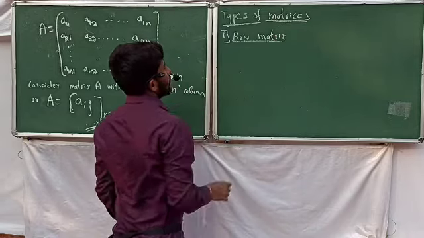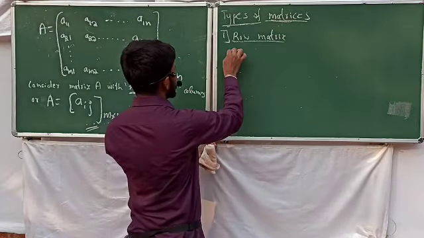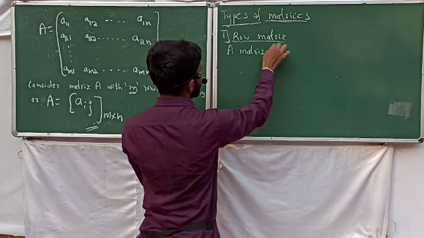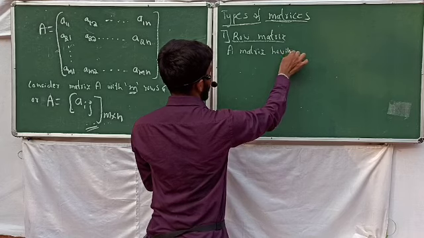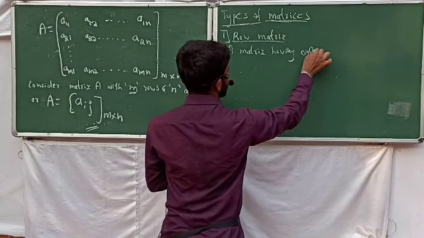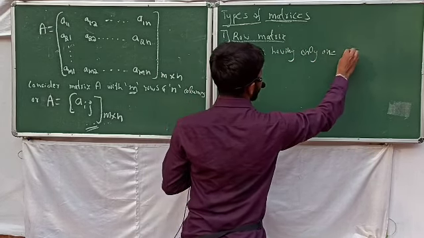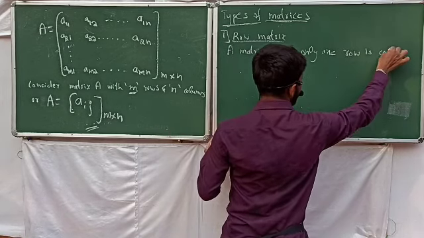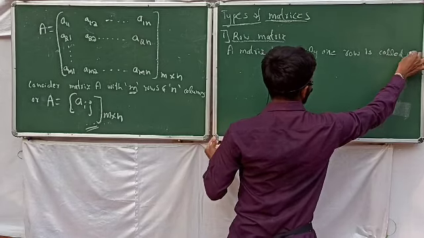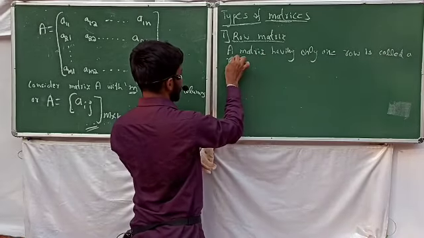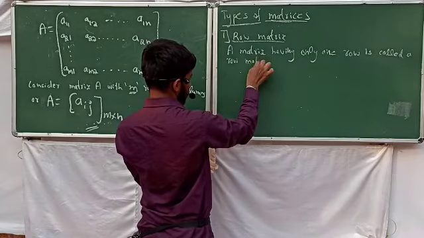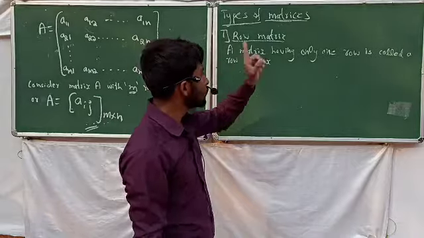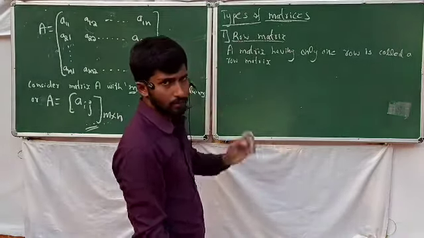Definition says a matrix having only one row is called a row matrix. Whatever may be the number of columns, if your matrix has only one row, we call it a row matrix.